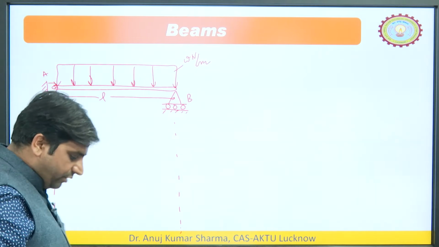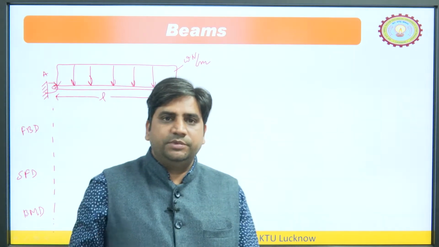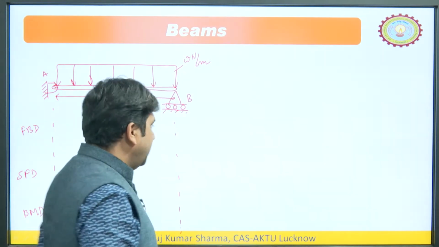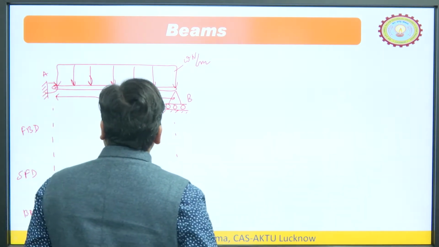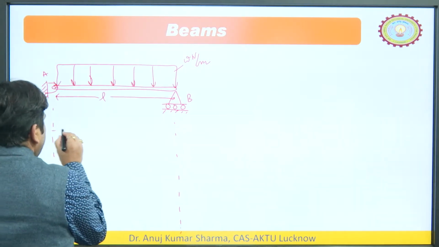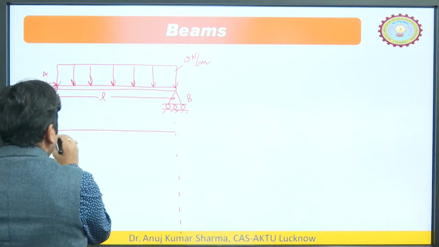So, no error will be there if you use this methodology. It would be very easy to draw the beams again and again, and you need not worry about the locations of different points in the beam. So, draw the free body diagram. First draw the beam.